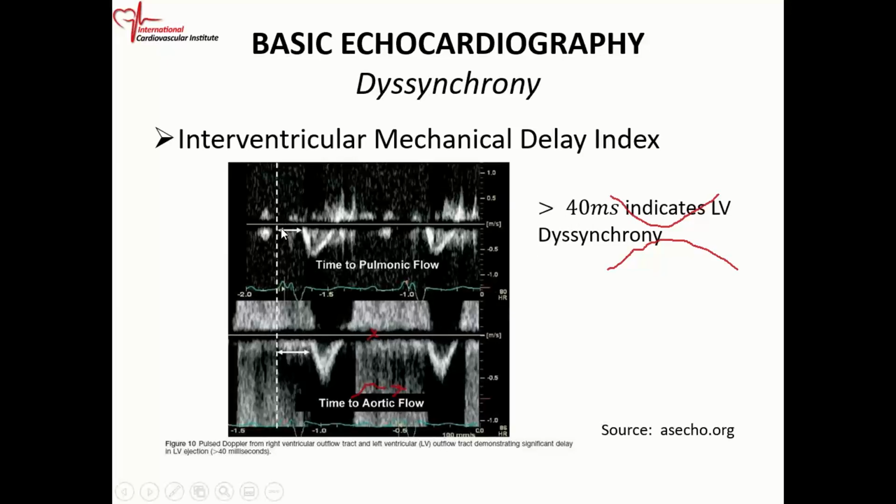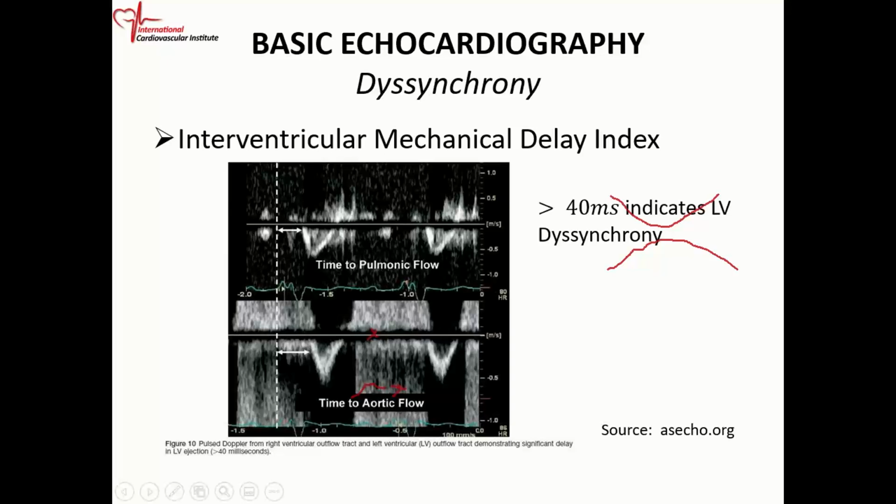So if your IVCT for the right ventricular flow tract, and you know this, right? This is just put your Doppler across the pulmonary valve, and you get ejection across the pulmonary valve. But before you get that, you're going to get your isovolumic contraction time, and then you get your IVRT.